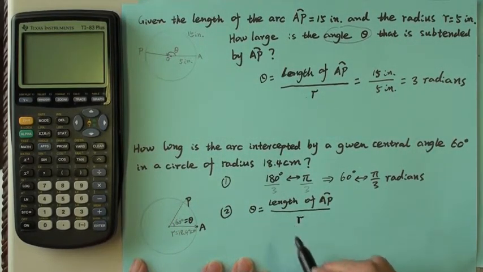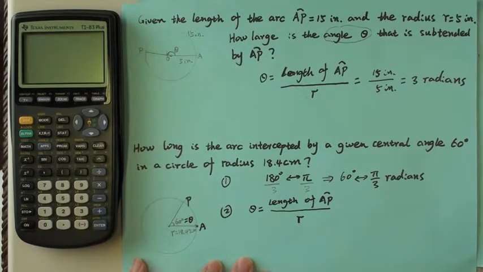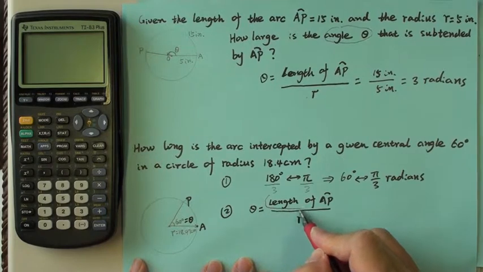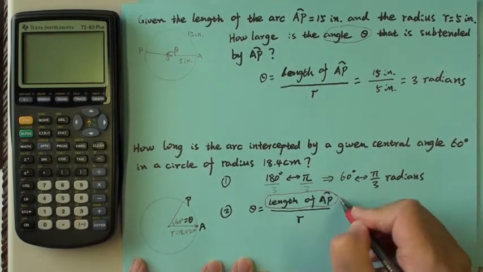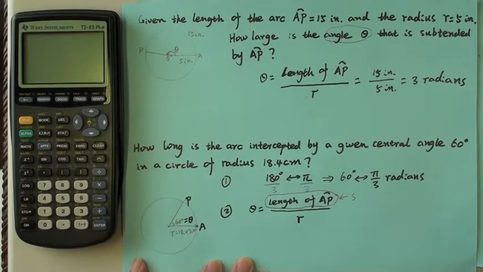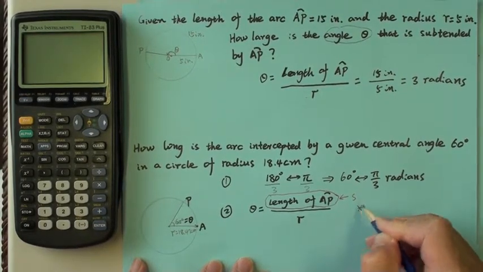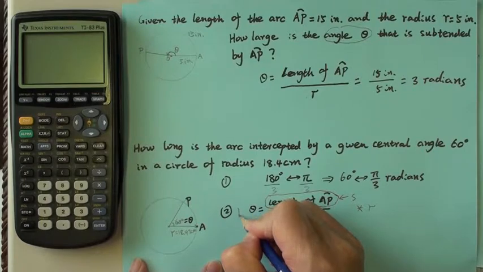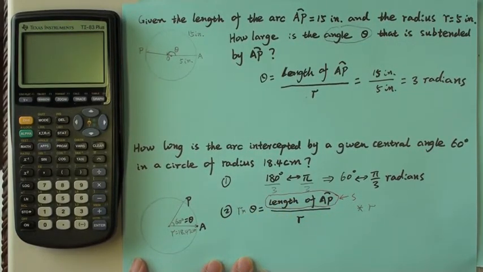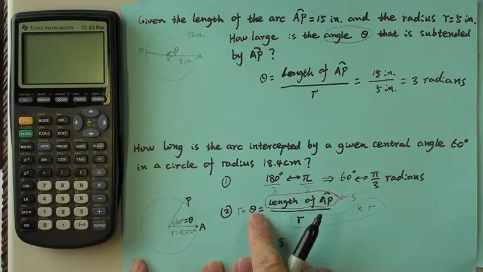Now I want to denote the length of AP as S. So if both sides are multiplied by R, then this R cancels this R. Okay, so then the right hand side is just the length of AP, which is S, and the left hand side is R theta.